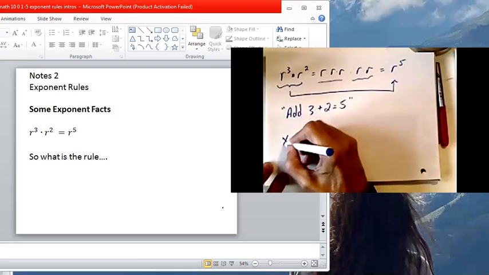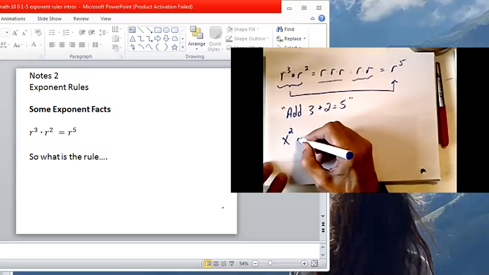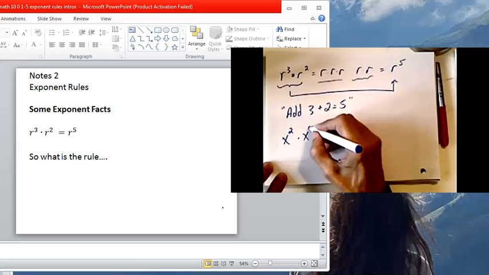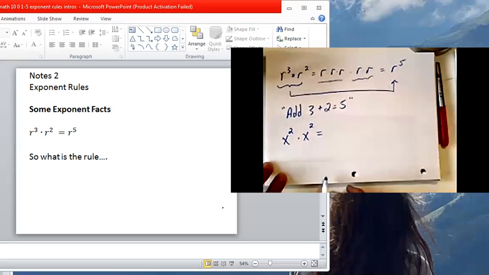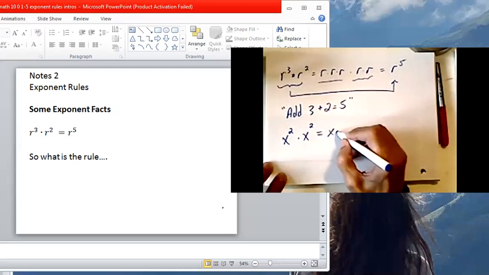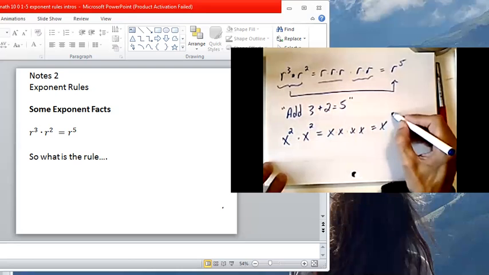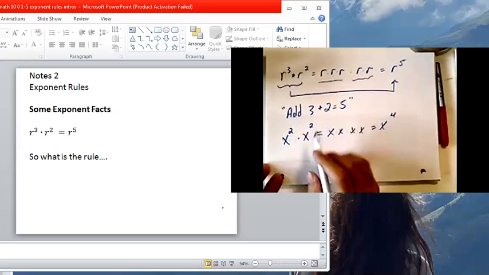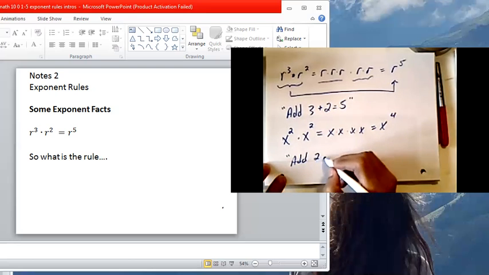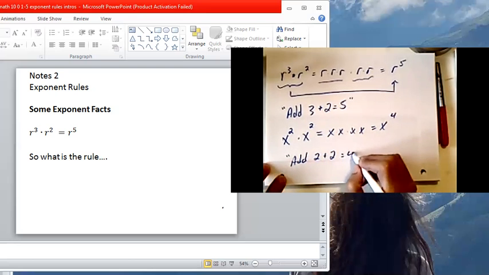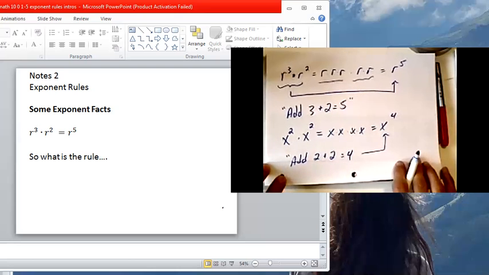Check this out. Let's say you have x squared times x squared. x x, x x. You get x to the 4. Does this idea work? Yeah, for sure. And that is the key. That is the secret then.